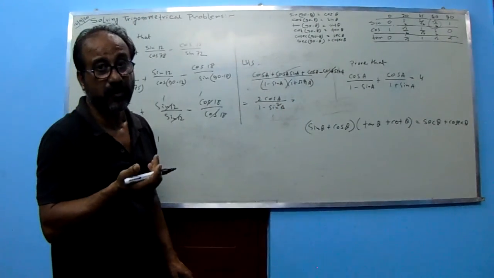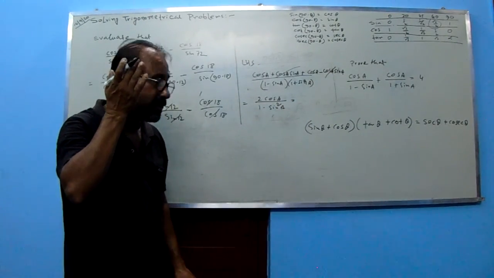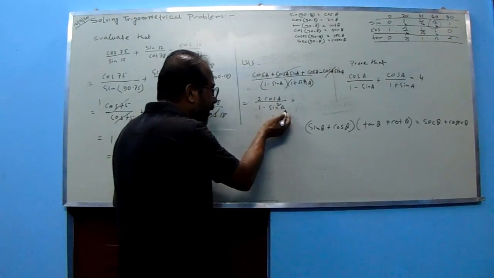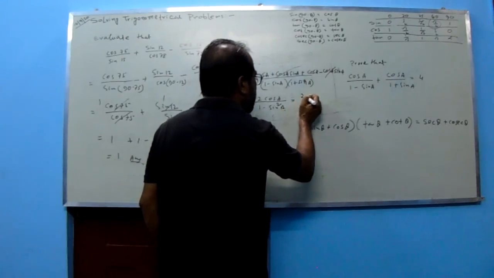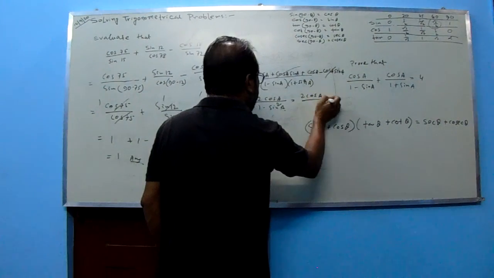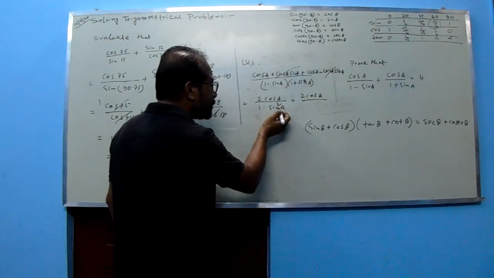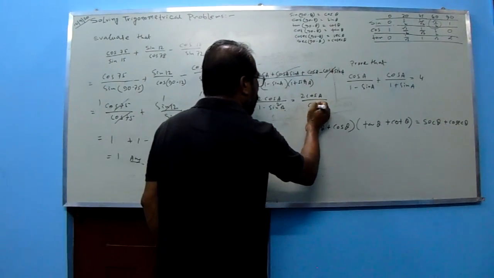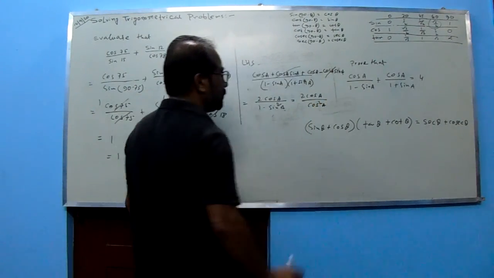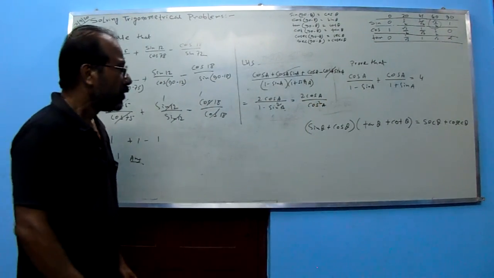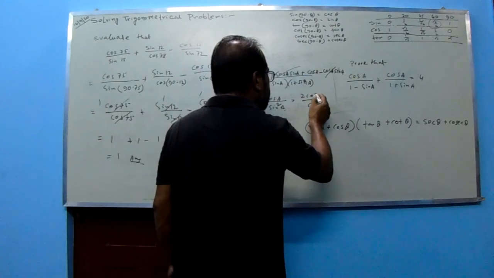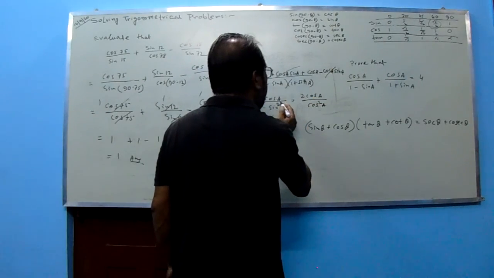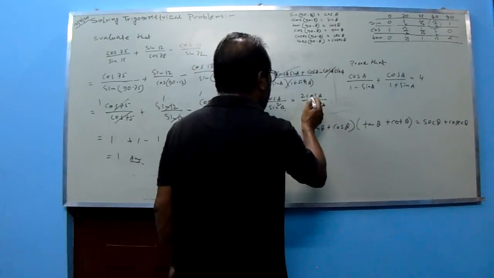Sin square A plus cos square A is 1. It is a formula, just remember. So in place of 1 minus sin square A, I must write cos square A. Agreed?